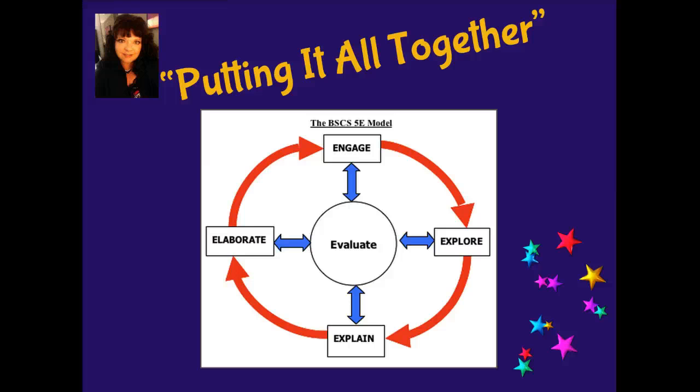The engage, explore, explain, elaborate, and evaluate. And if you get familiar with what should be done in each of these stages, and you follow this model, by the time you're done, you're going to step back and you are going to have one awesome 21st century learning science lesson, especially utilizing all the resources that we just took a look at.